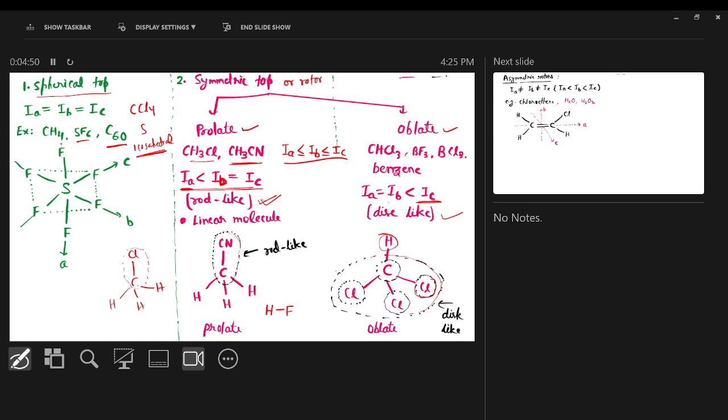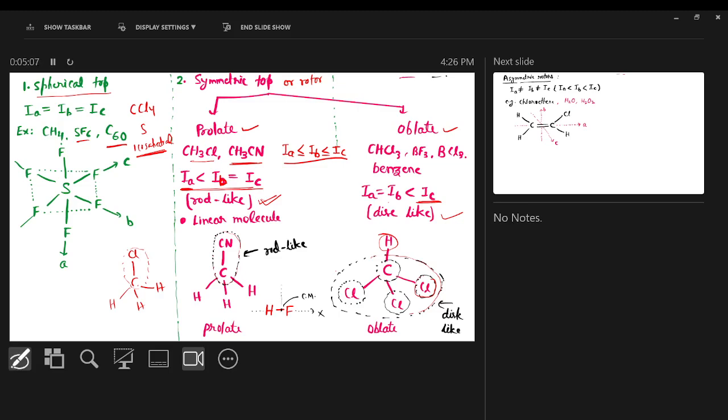Let me change the color of the pencil so that you can see clearly. So this is one axis, I will say X, and this is your center of mass. I will say this is CM, center of mass.